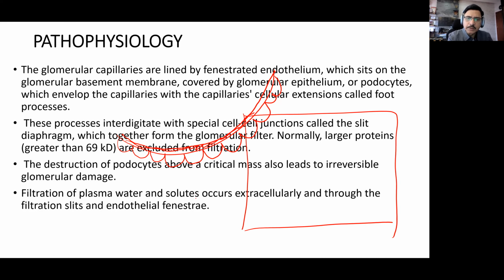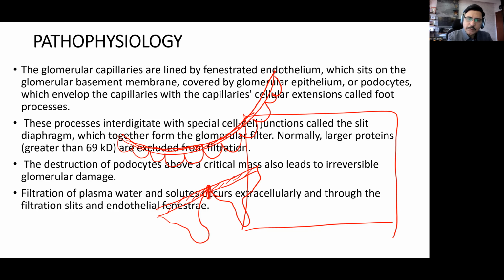And these cells have what are called the podocytes. This cell will be like that, and there will be another podocyte. Foot processes are there. This is the foot. And they interdigitate and produce what are called the slits. So these form the slit diaphragm. Above is the basement membrane.